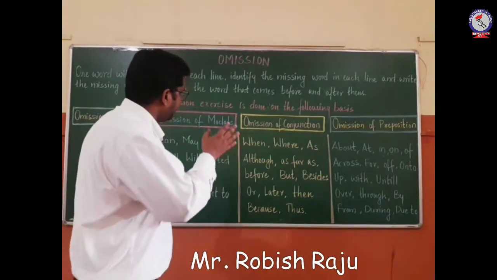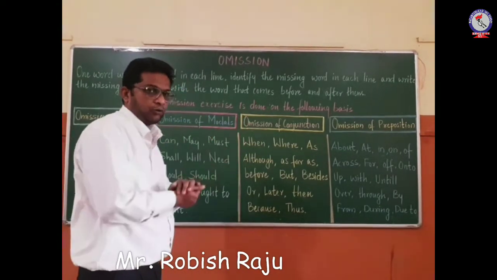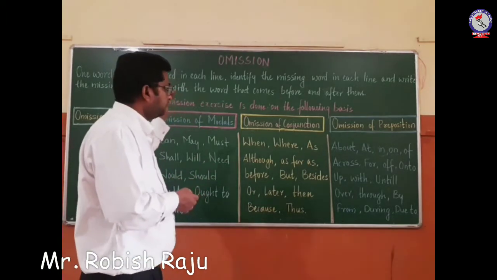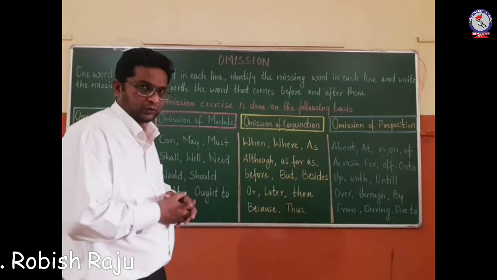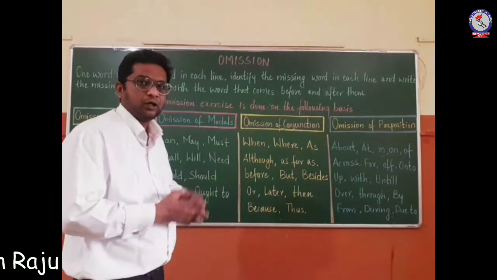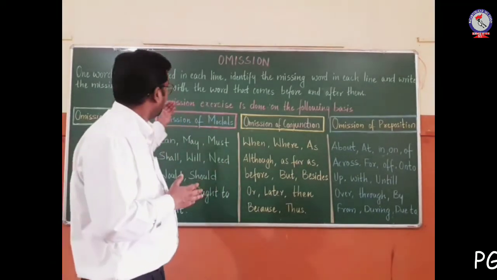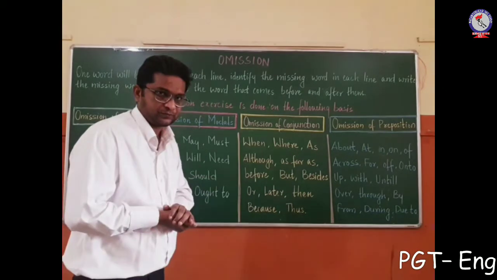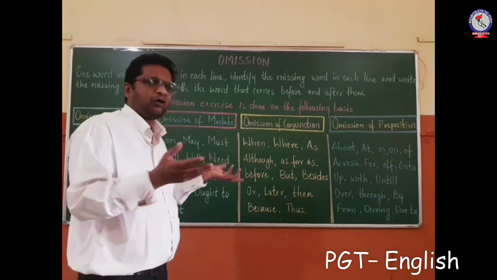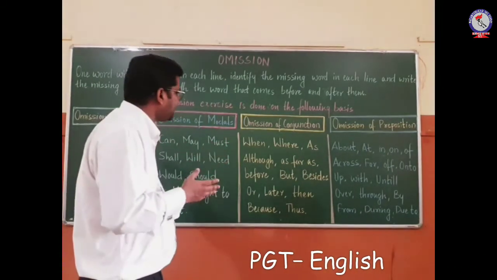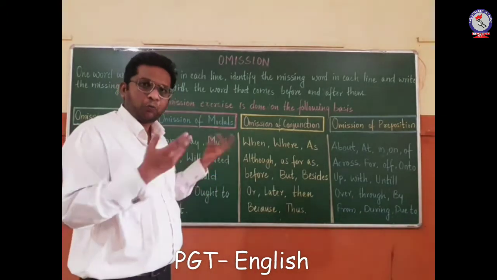As you can see on the board, the following basis will be the criteria to do the omission exercise. Now, we can also say that this is the classification of omission.